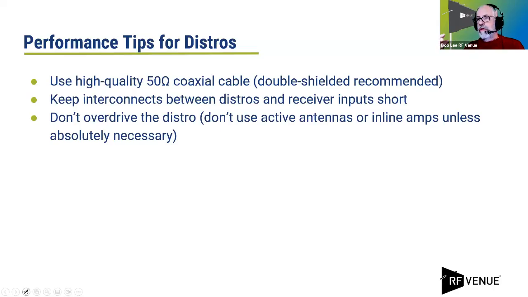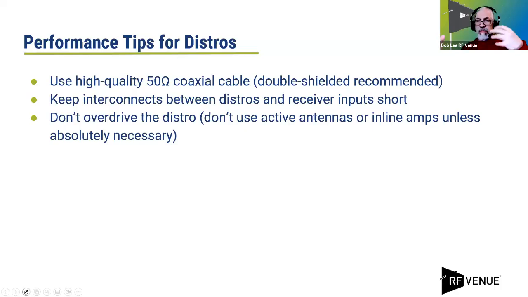So when you have nonlinearity, those multiple RF signals don't coexist peacefully anymore. They intermodulate and produce intermod products that can conflict with the frequencies that we're trying to receive. So we recommend don't use active antennas or inline amps unless you absolutely know that you have to.